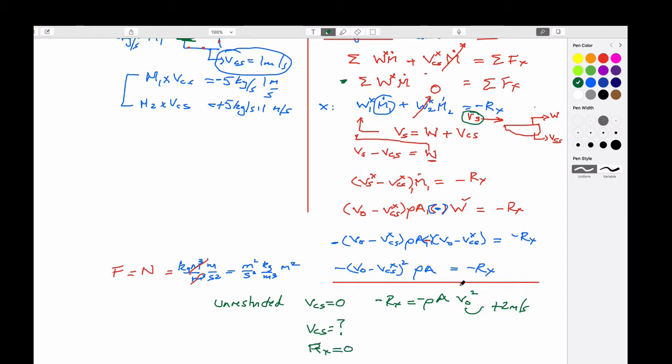So where Rx is equal to 0, then by definition, if this is equal to 0, the only way this can be equal to 0, since density is finite and area is finite, is if these are equal to each other. And that is if V0 is equal to VCS. V0 is positive 2 meters a second.